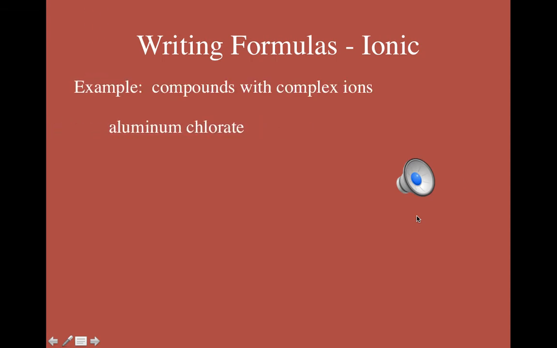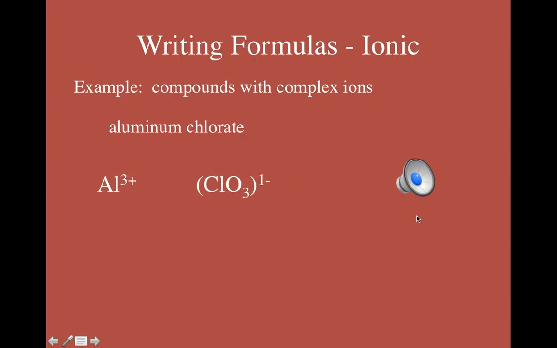Now we're looking at ones with complex ions. It doesn't mean both ions will be complex. They could be, but it means at least one of them is complex. Anytime you see an ending of ate or ite, that's definitely going to be a complex ion. So aluminum, I know, is on the periodic table, so I'm going to write its symbol and charge. Chlorate, C-H-L-O-R-A-T-E, has got to be a complex ion. This is why spelling really matters. You have to read things right or it's wrong.